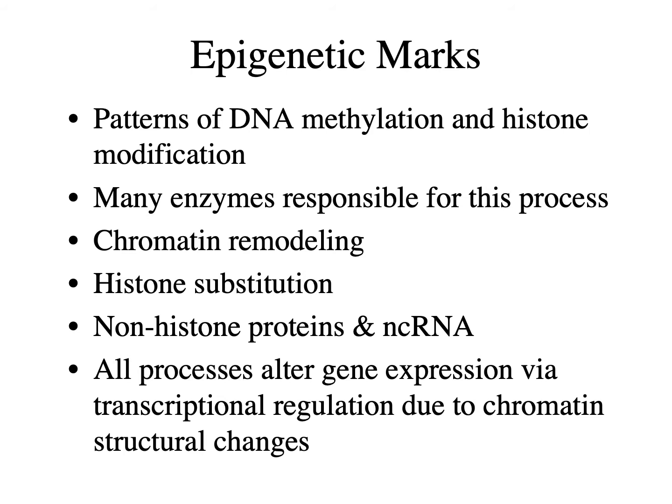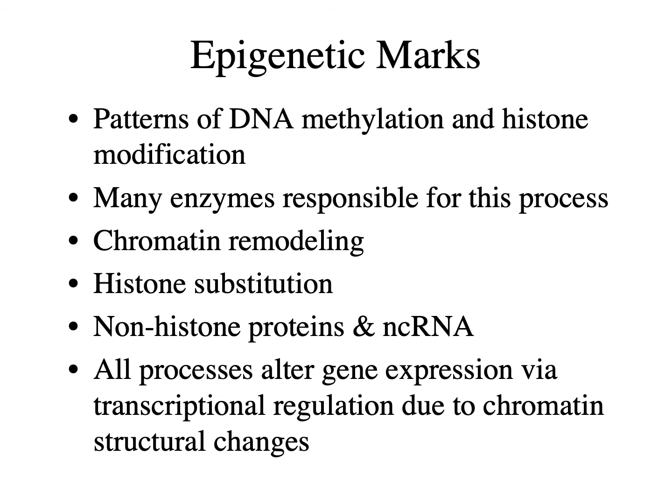Over time and depending on the needs during development or different physiological states, we can make the chromatin more or less accessible, more or less condensed, and there isn't necessarily a permanency to these modifications. So that is dynamic. They are reversible. And chromatin remodeling is a very important part.